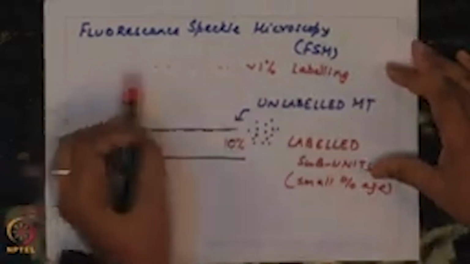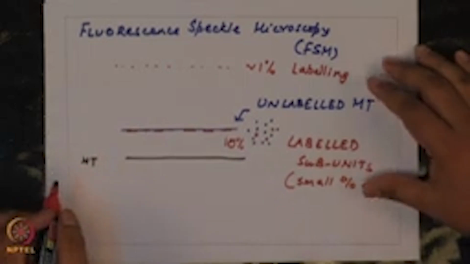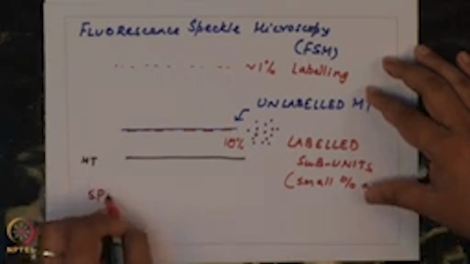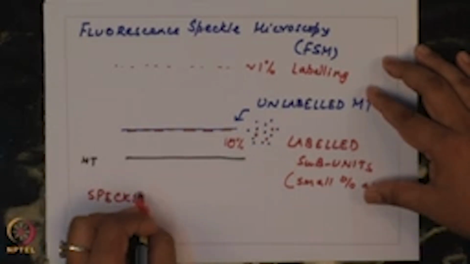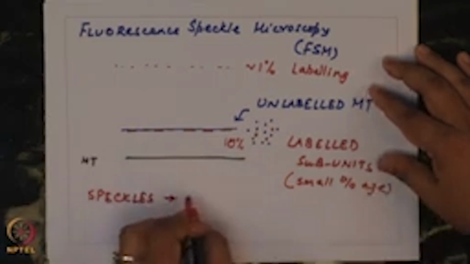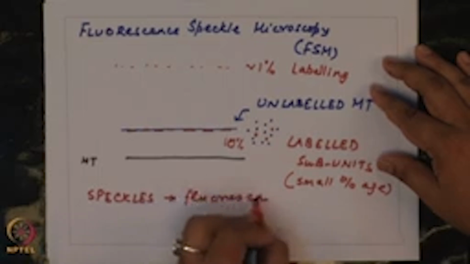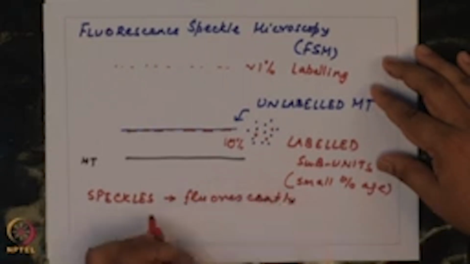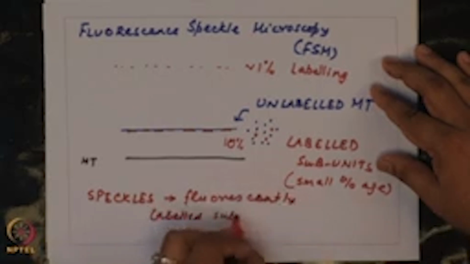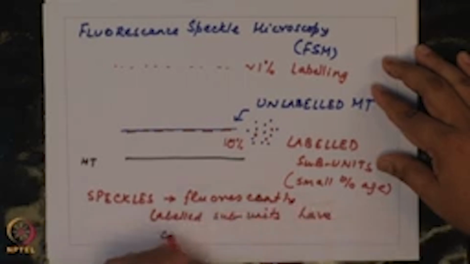You can see multiple of these dots. Now, what do these dots represent? These dots are called speckles, where fluorescently labeled subunits have clustered together.